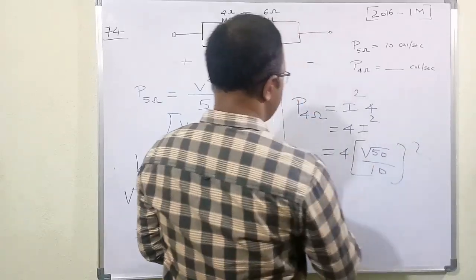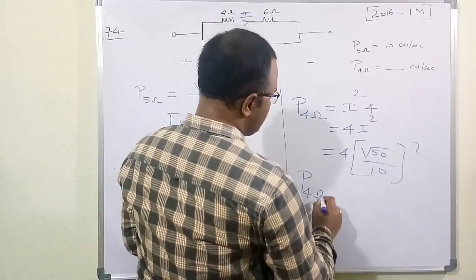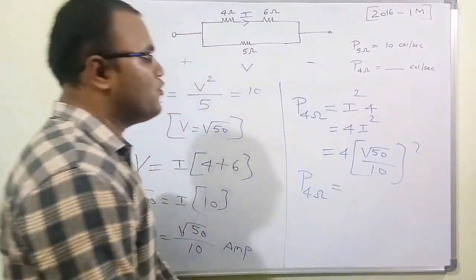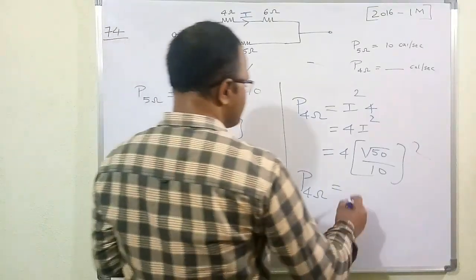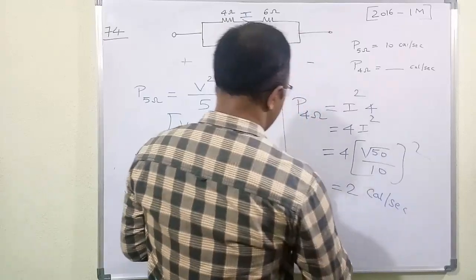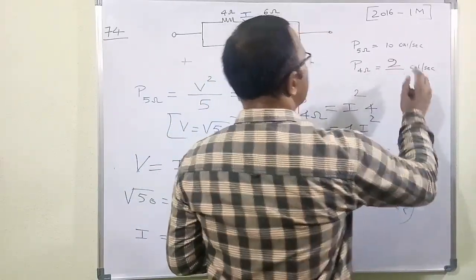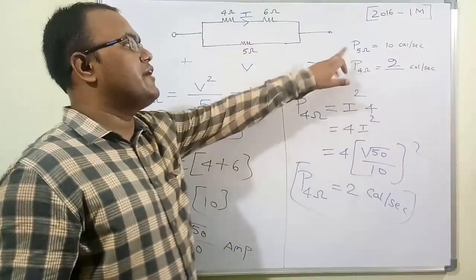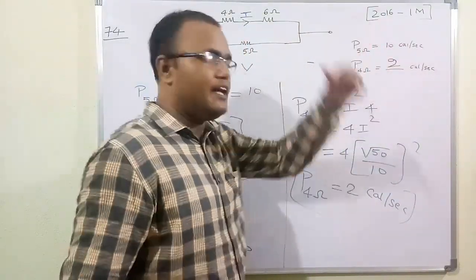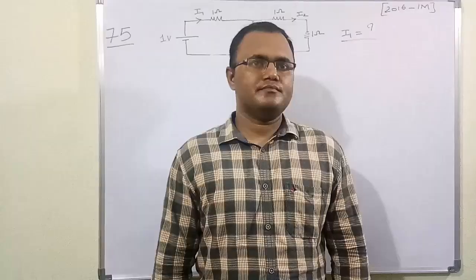Now if you do the simplification, finally we will get the power absorbed by the 4 ohm resistor as 2 calories per second. So this is our solution. So the answer is 2 calories per second. The power absorbed by the 5 ohm resistor is 10 calories per second, then the power absorbed by the 4 ohm resistor is 2 calories per second.